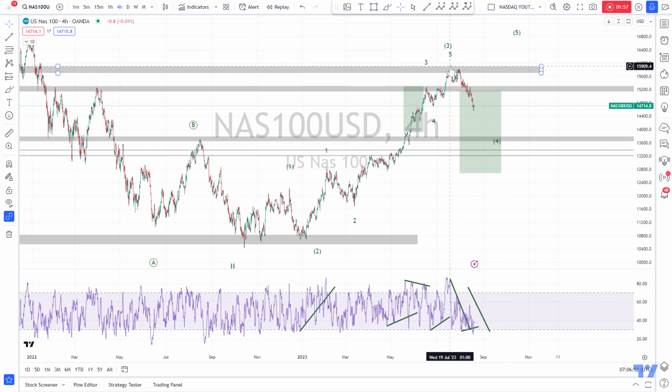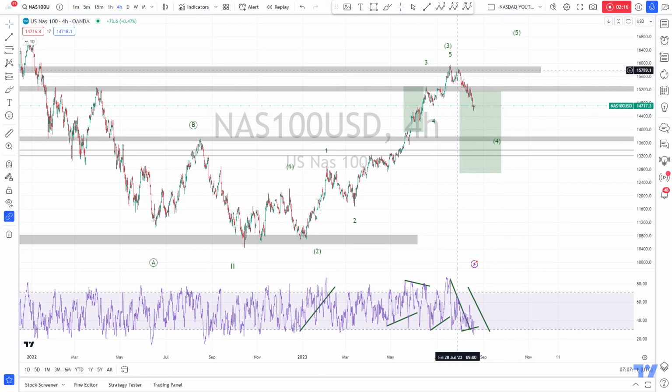So then the correction would be 1, 2, 3 like this, wave W, then a wave X, 1, 2, 3 up, and then Y again down, 1, 2, 3 down. Like this area for a wave 4 is quite big. This is something that is possible.